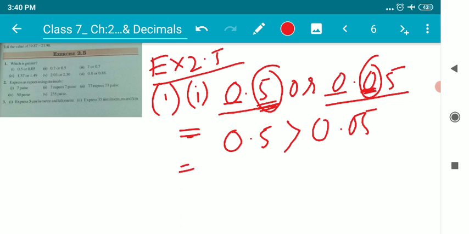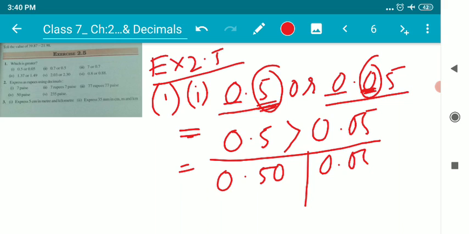Or we can say in this way, children, this is one process of saying: 0.5 can we write in the form of 0.50? Of course, we can write 0.50, because after the point, we can add as many zeros, no problem in that. The right hand side number was 0.05.